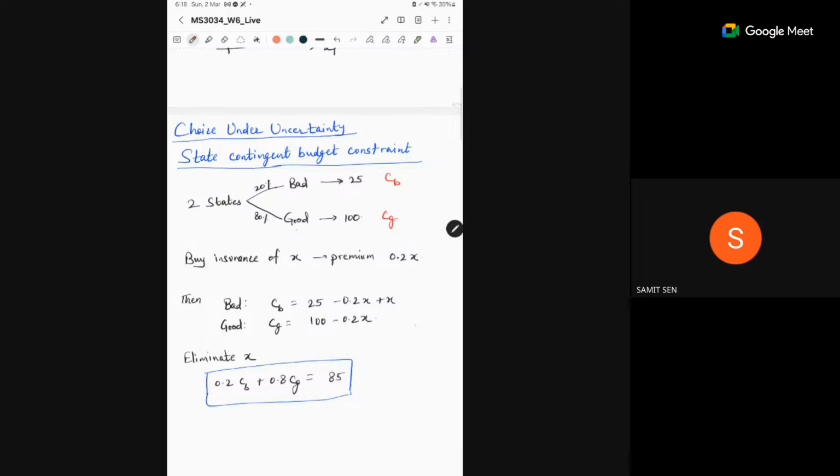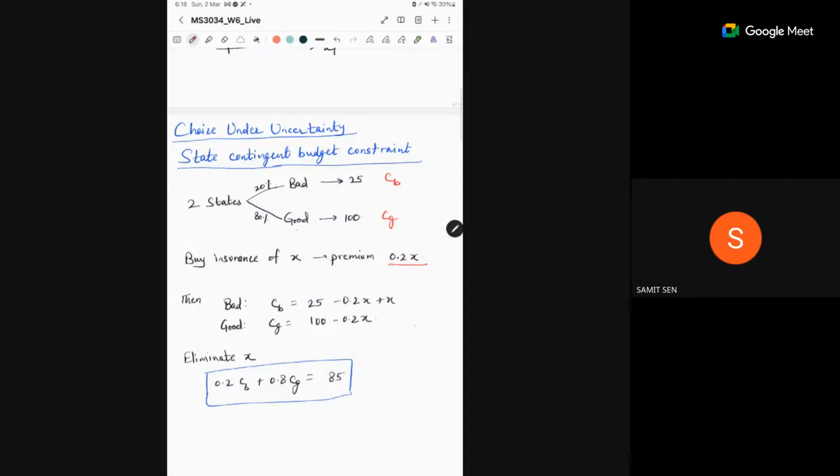And there is an insurance policy available to you, which gives you an insurance cover of X rupees or X units, with a premium of 0.2, like 20% of the coverage you have to pay in the form of insurance premium.